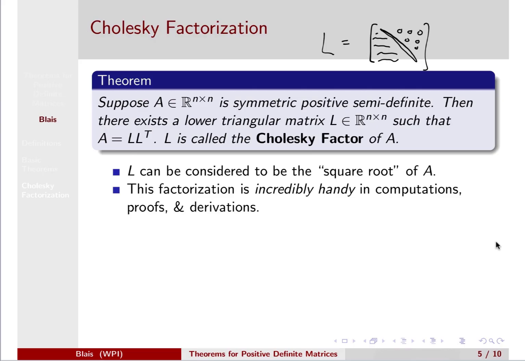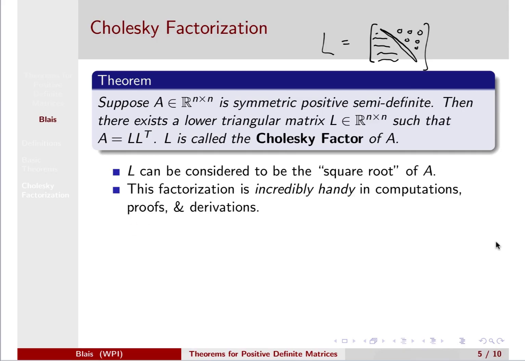And so this is a very convenient way to factor a matrix. You often think of it as the square root of a matrix. This is a lot like writing A equals its square root times its square root on the right here. This comes in incredibly handy in computations, proofs, and derivations.